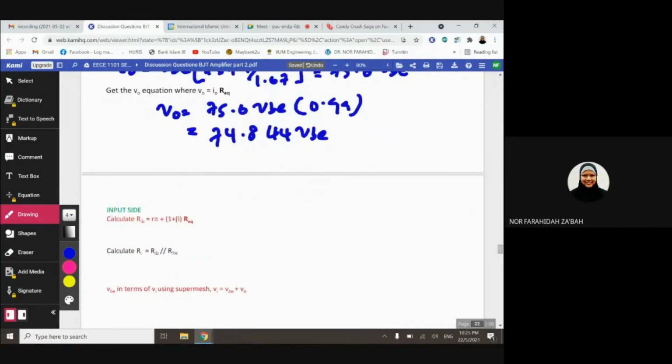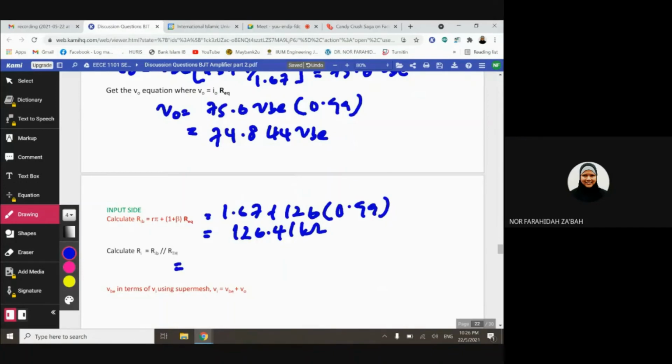Okay. Next is your RIB. What I have here is 1.67 plus 126 multiplied with R equivalent, which is 0.99, so 126.41 kilo ohm. RI is equivalent to RIB parallel with RTH.